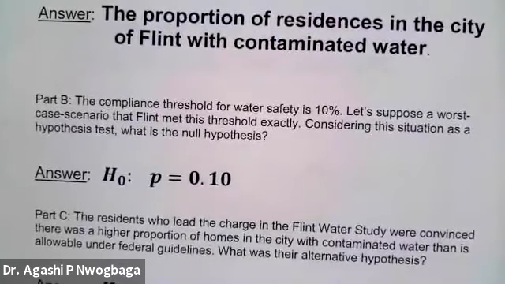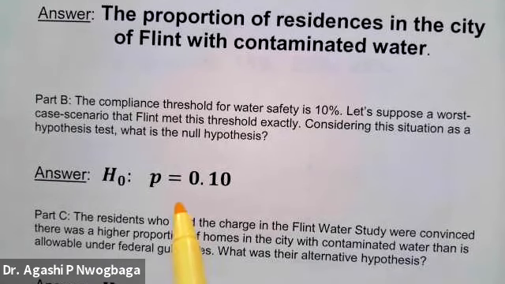C, part C, the residents who led the change in Flint water study was convinced there was a higher proportion of homes in the city with contaminated water than is allowable under federal guidelines. What was their alternative hypothesis?